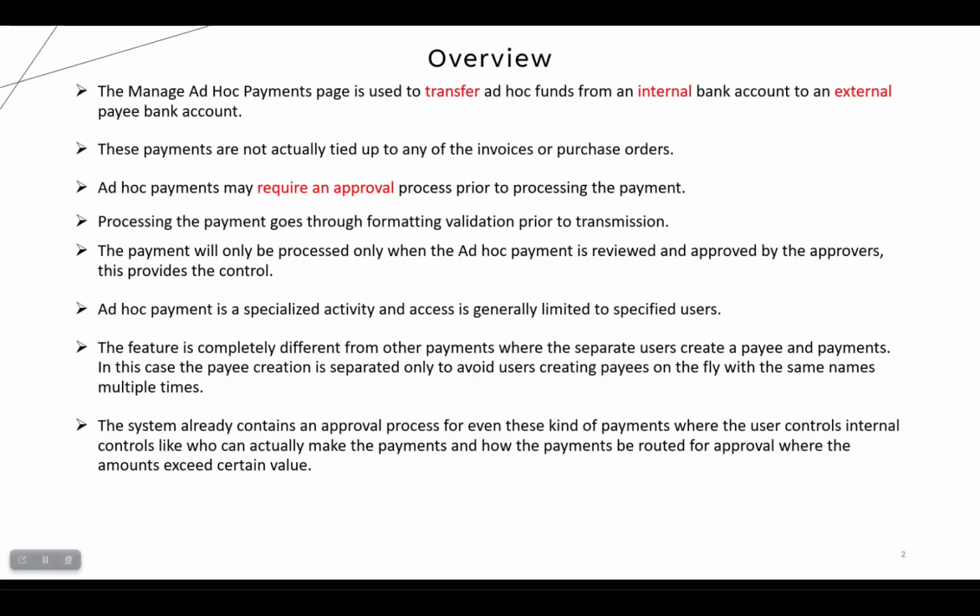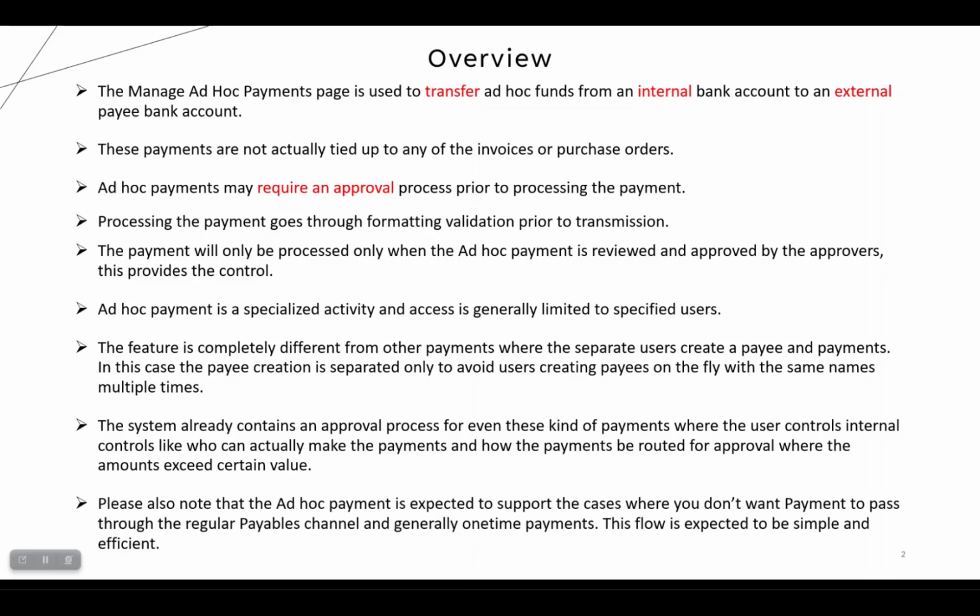Based on your conditions, you can configure it to require approval for ad hoc before the payment is transmitted and completed. Please note, ad hoc payment is expected to support the cases where you don't want the payment to pass through the regular payables channel. Generally it is a one-time payment, and this flow is expected to be simple and efficient.